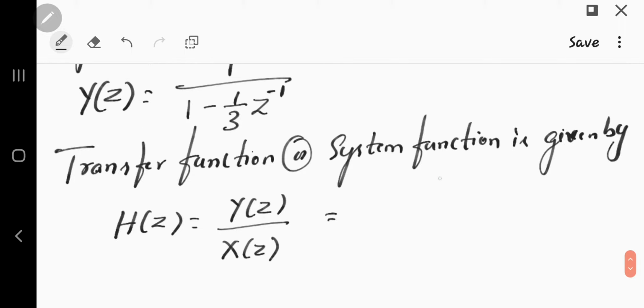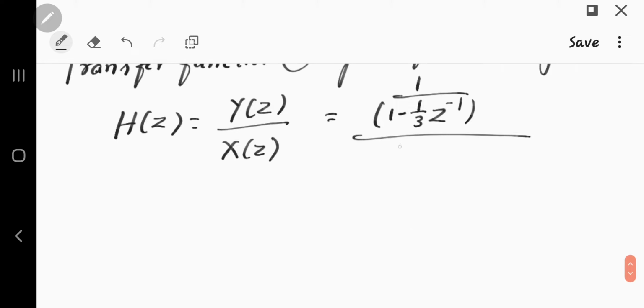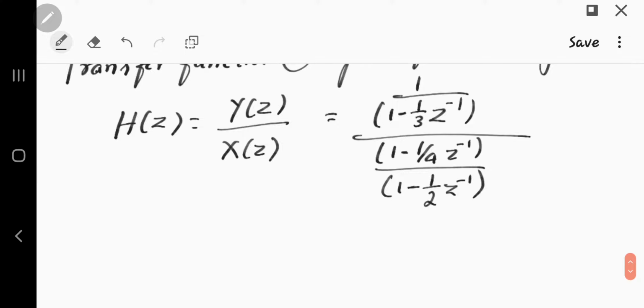Now just substitute that y of z is 1 divided by 1 minus 1 by 3 z inverse, and x of z is 1 minus 1 by 4 z inverse divided by 1 minus 1 by 2 z inverse.